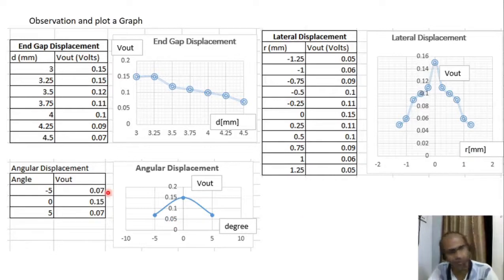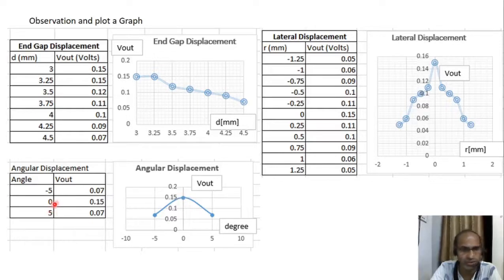The third observation: if we make an angle between two ends of fiber, our output also decreases. We calculated initially for 0 angle, where both axes are coinciding and there is no angle between them, and we got a maximum output of 1.5 volts.